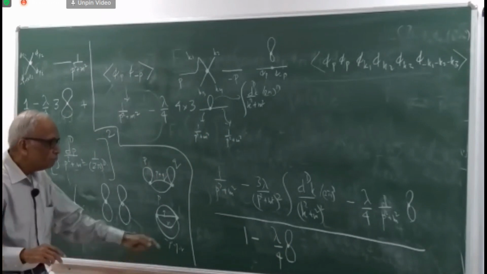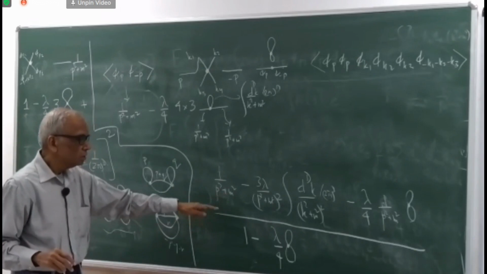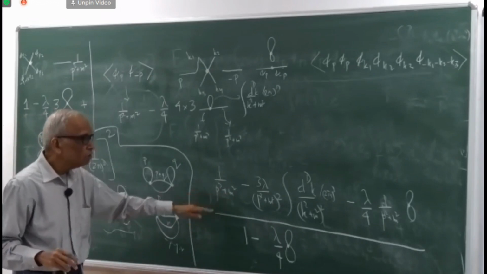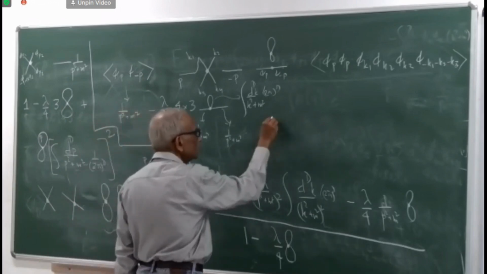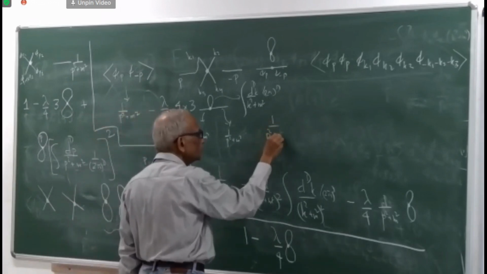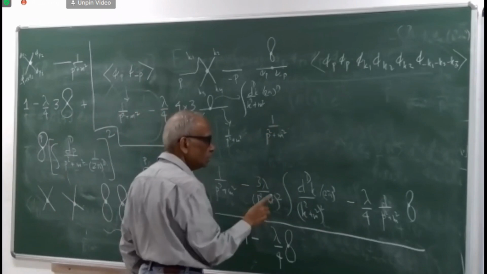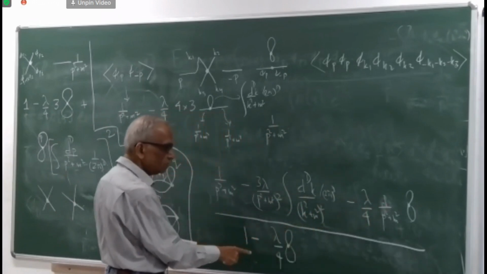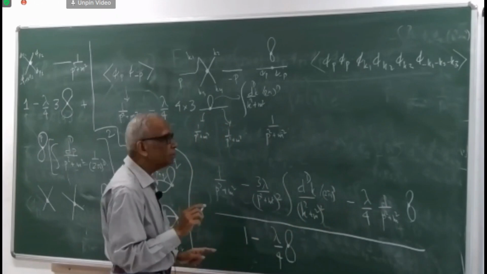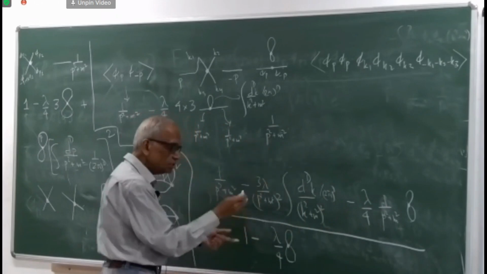So when you divide, it is 1 over, if I look at the top, it is 1 over P square plus M square into 1 minus lambda by 4 into this divided by 1 minus 4 lambda by this. So they cancel out.